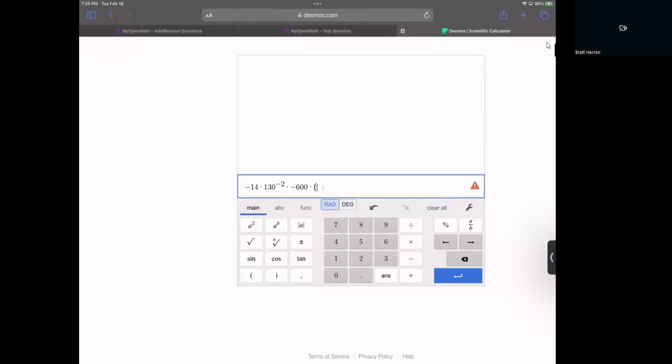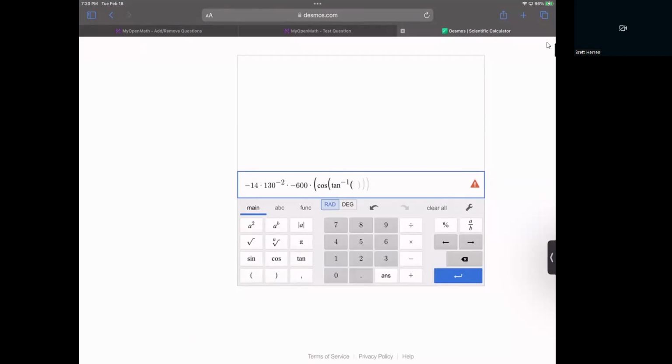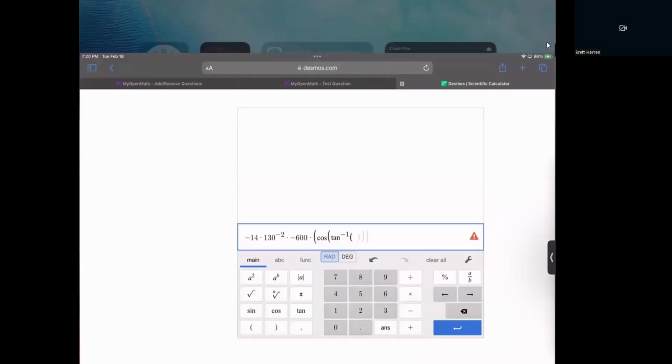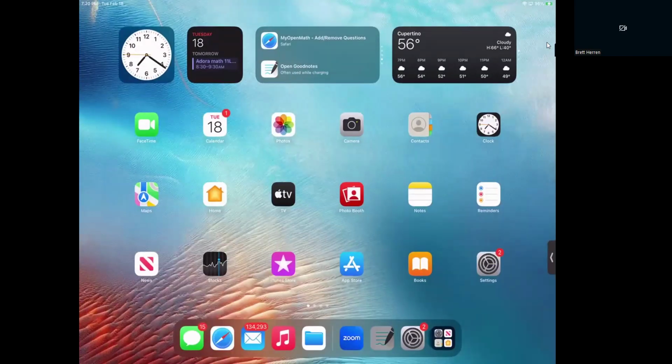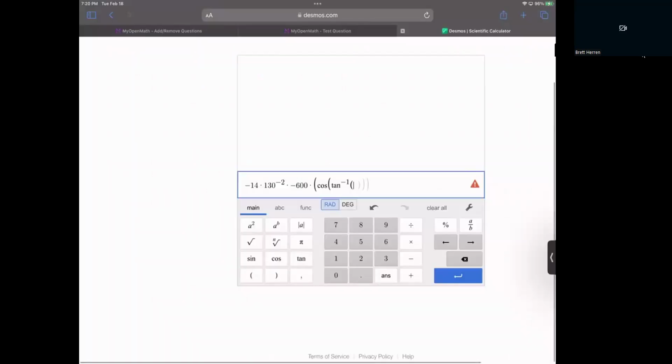Okay, now we're going to need to do parentheses, cosine of, going to function tan inverse. Tan inverse of what? Was it 14 over something? 14 over 130. And then that's squared.